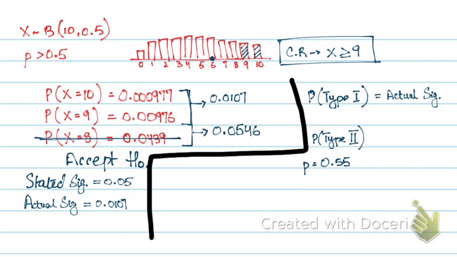Your probability of type 2 error will be probability of X less than or equal to 8, that is the entire acceptance region from 0 to 8, but your p will be 0.55. So type 1 error is your actual significance level. Type 2 is your acceptance region with the new mean. And this is all for small sample binomial and both of its errors.